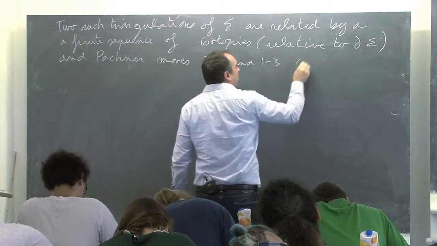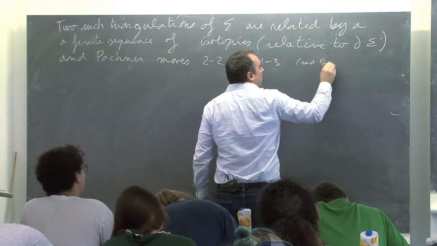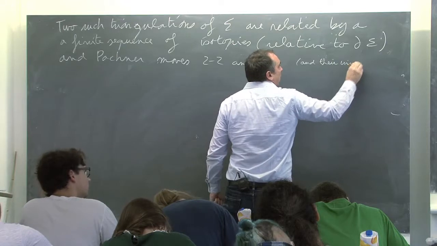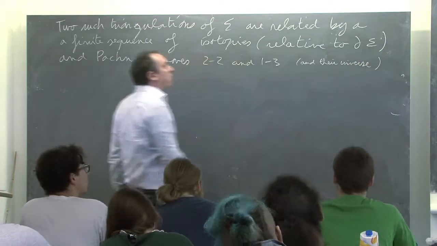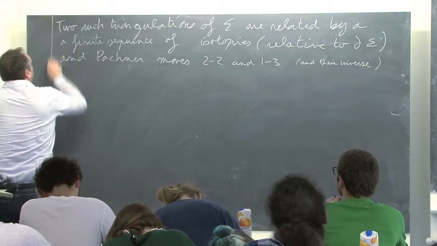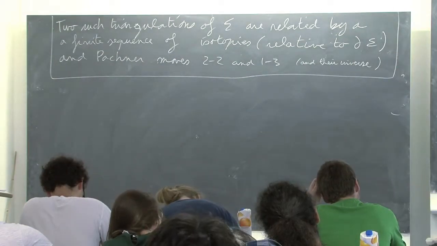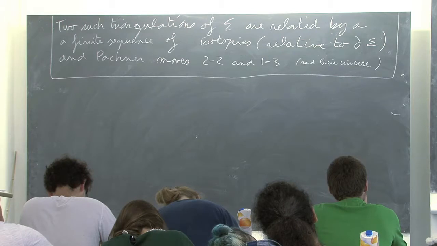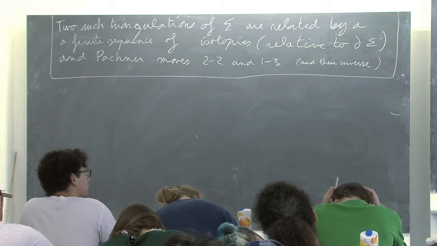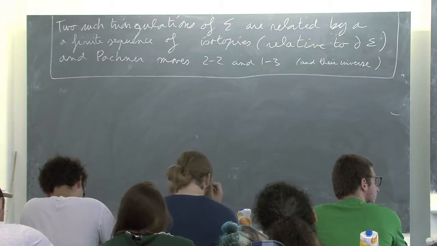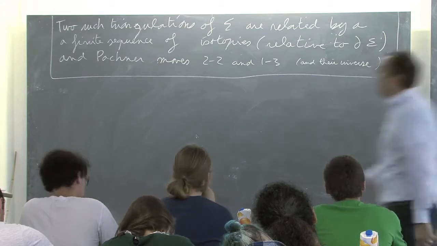And the inverse. The inverse of 2-2 is 2-2, but the inverse of 1-3 is 3-1. Okay, so we have this generalization of the Wagner theorem.